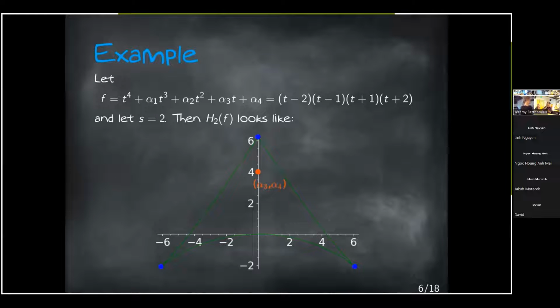So in this example, we started with a degree 4 polynomial. And then there are two things that can occur. Either you get this set, or a variation on this set, or you get just 1 point, which corresponds to if you start with a polynomial with just one root. I see. So this happens.